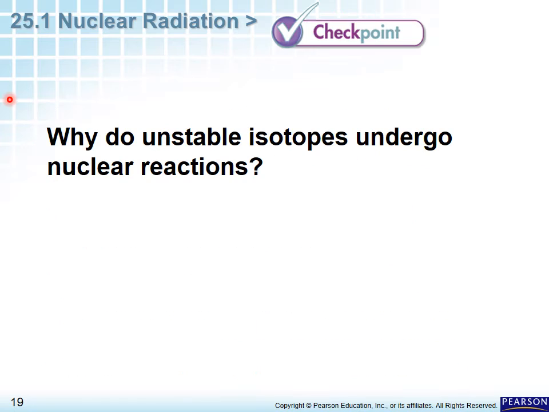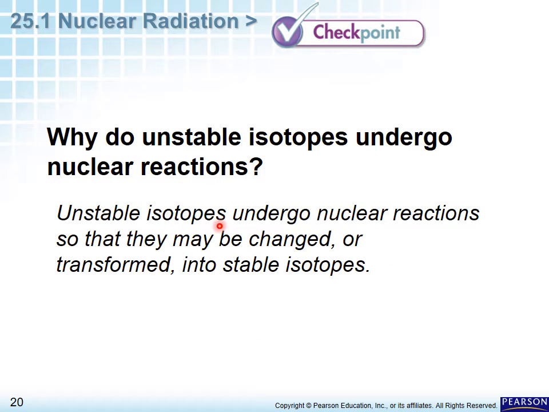So why do unstable isotopes undergo nuclear reactions? So that they may be transformed into stable isotopes. Simply, you can say after your studies you struggle for a job or a business.